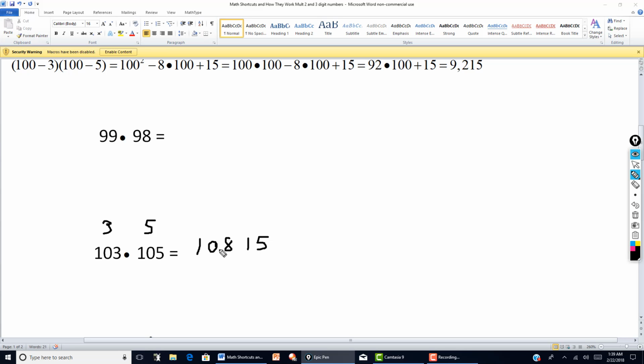And then 10,815. So in the first couple of problems, when the two numbers were under 100, we subtracted the sum of those values from 100. In this case, we added the values to 100.